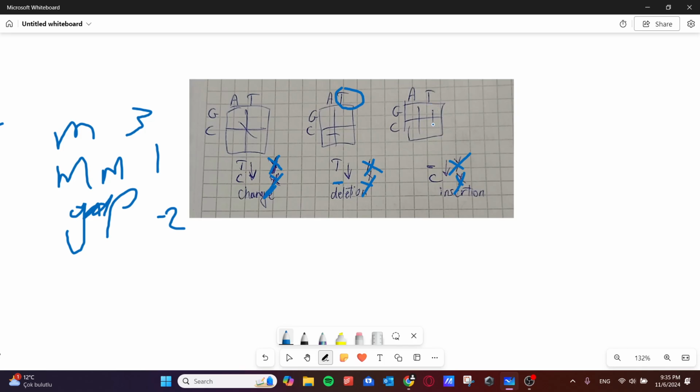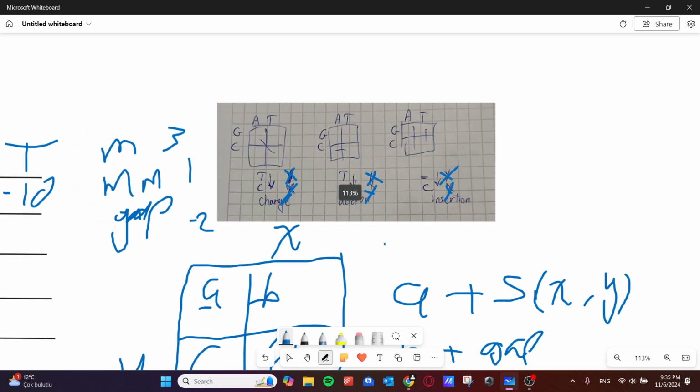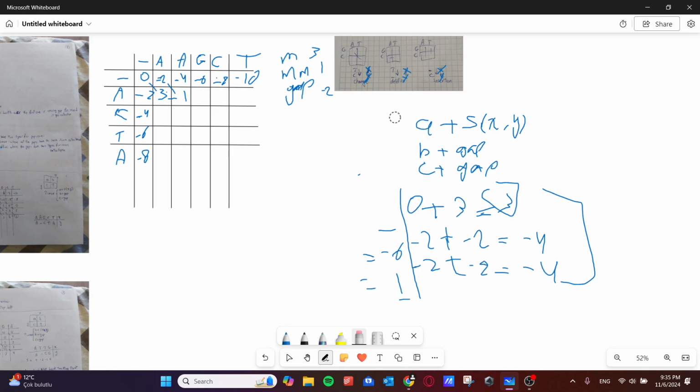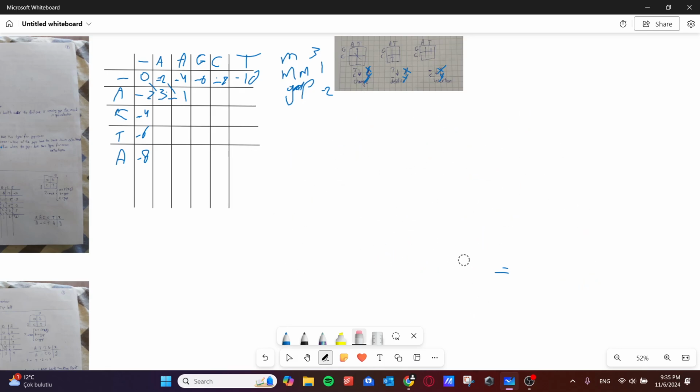When it's vertical, we take the y, as you can see, and we let the x be a gap. So you will see what I mean. Just give me some time.